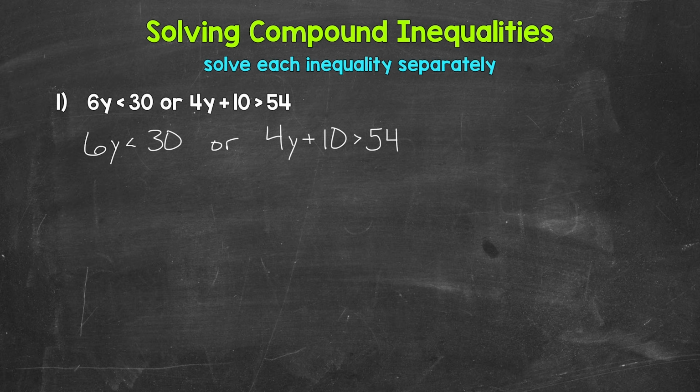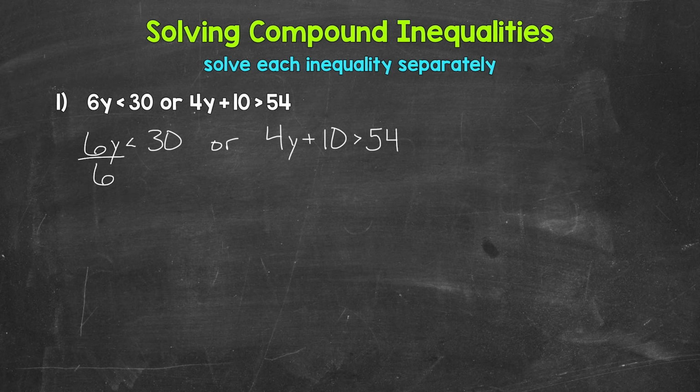Let's start with 6y is less than 30. We need to isolate that variable of y. Y is being multiplied by 6, so we need the inverse operation of multiplication. That's division. So let's divide the left side by 6. Now remember, whatever we do to one side of an inequality, we must do to the other.